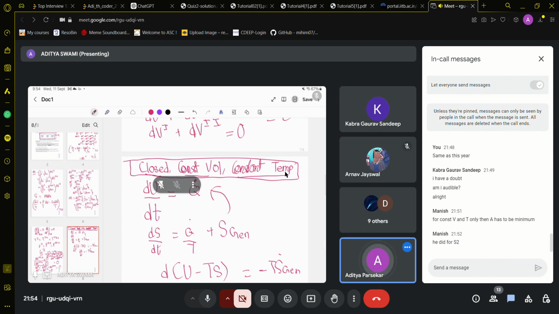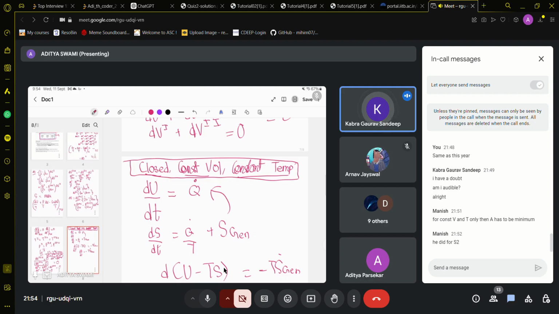So I'd say carefully analyze the conditions in the question, write the energy and entropy balances, make the substitution for Q, and try to observe what terms you can get, like U minus TS. In any question, we basically write the energy and entropy balance, and whatever we get from that is based on the conditions in the question.